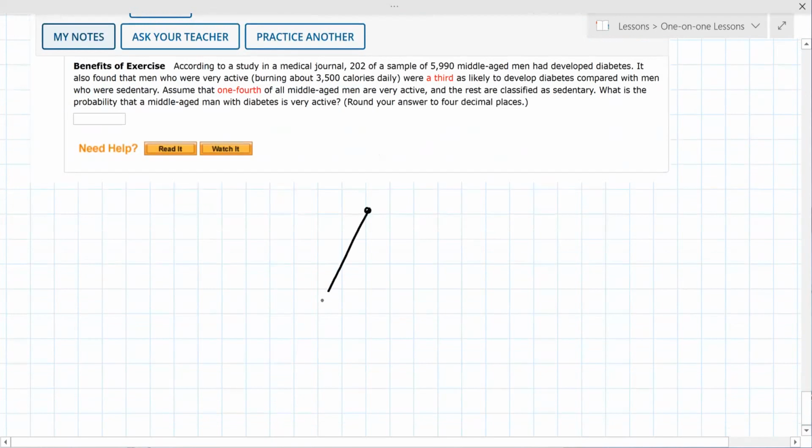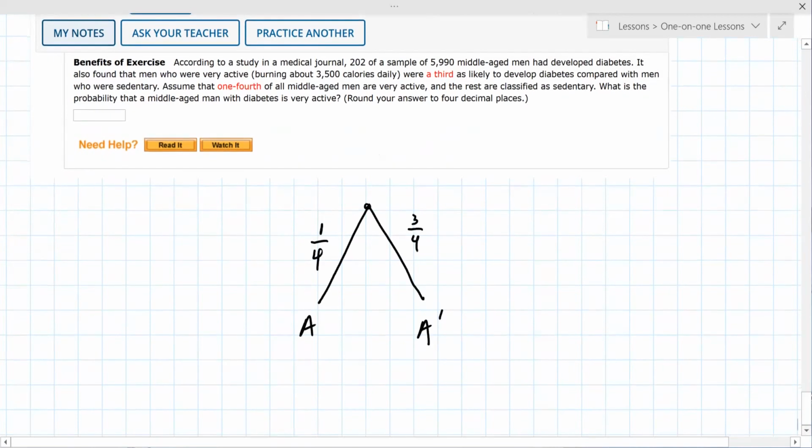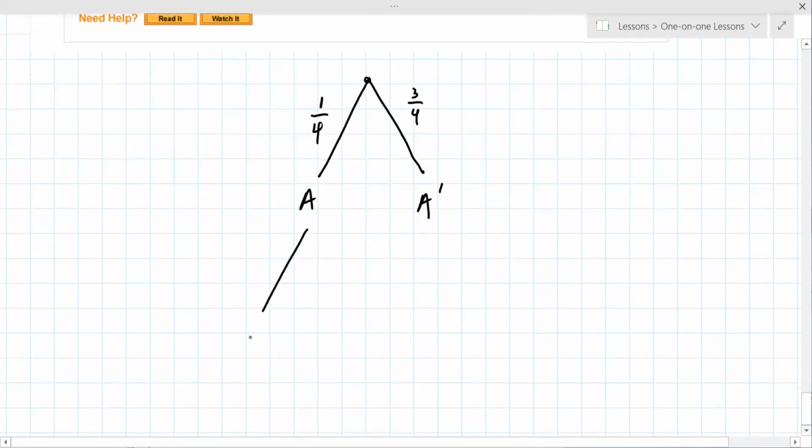Okay, so active and not active. We know that 1/4 of all middle-aged men are active, so 1/4 and 3/4. A third is likely to get diabetes as compared with men who are sedentary. Okay, so we care about, did you get diabetes?